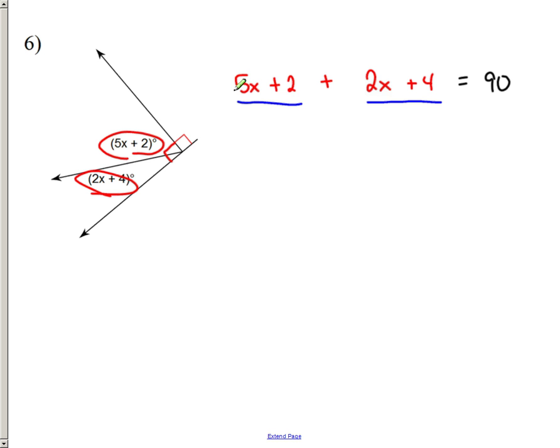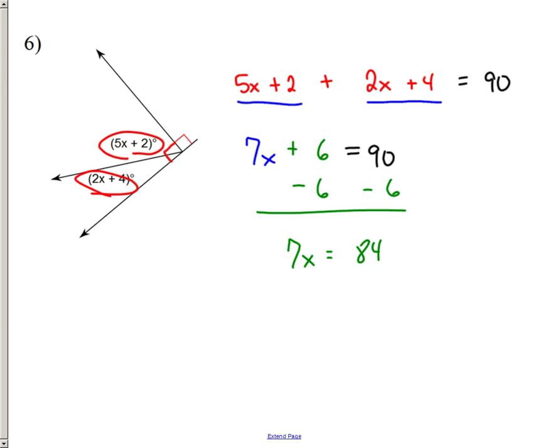And now we just go and combine 5x plus 2x is 7x. And then 2 plus 4 is 6. And we're ready to solve now. So x equals 12.